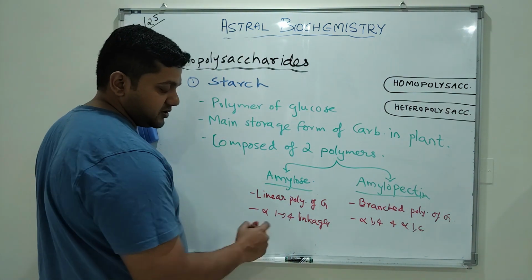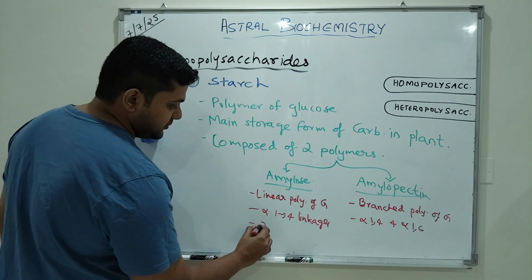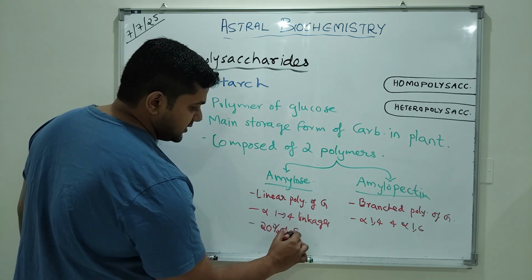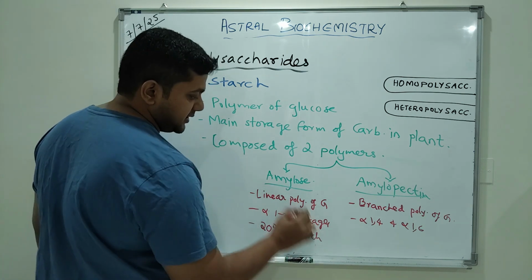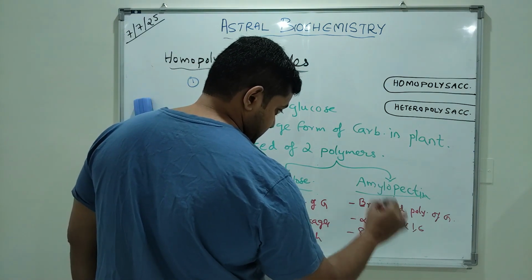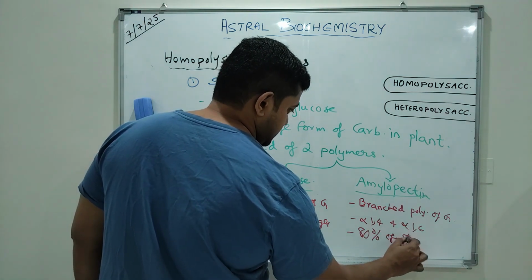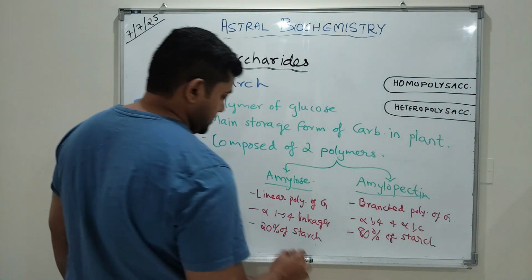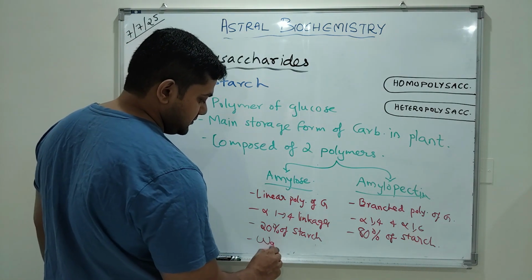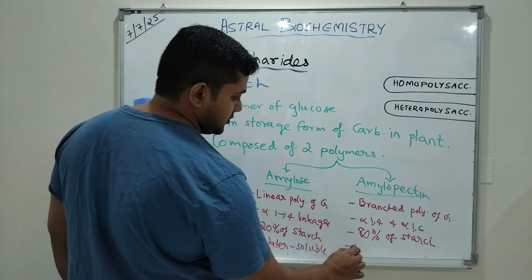Now 20% of starch is composed of amylose, whereas 80%, most of the concentration inside starch, is occupied by amylopectin. Another important thing is that amylose is water soluble and amylopectin is water insoluble.